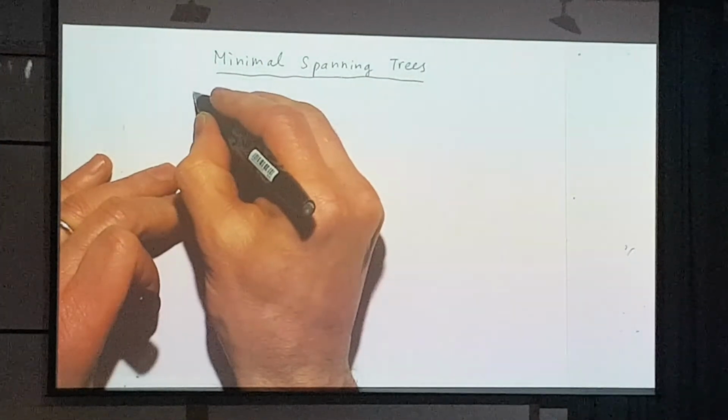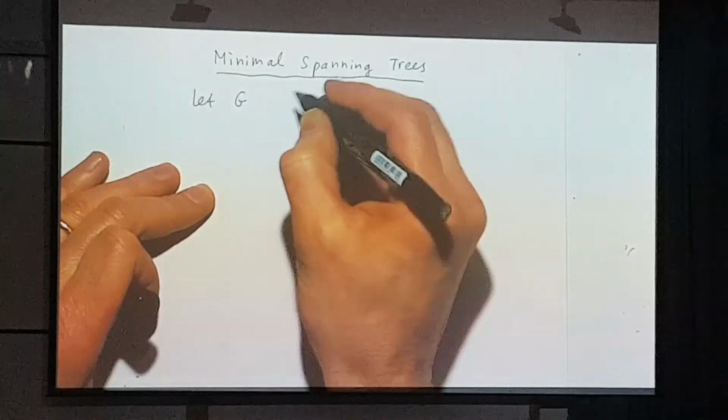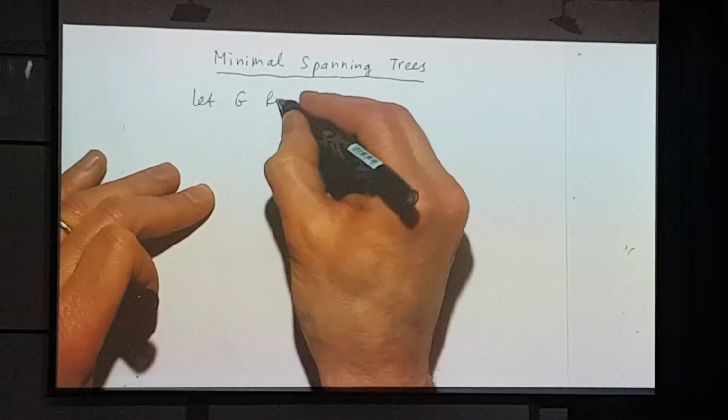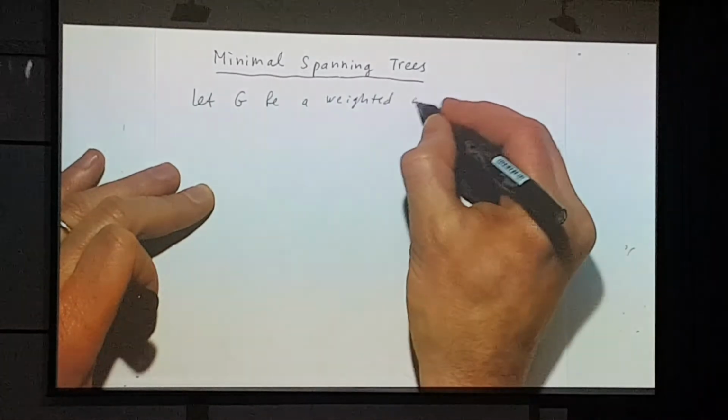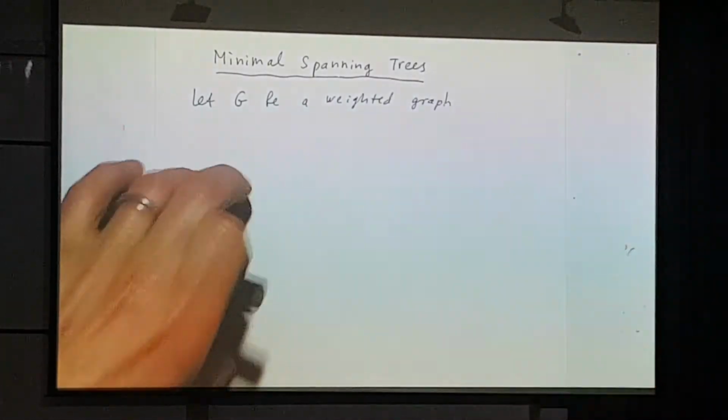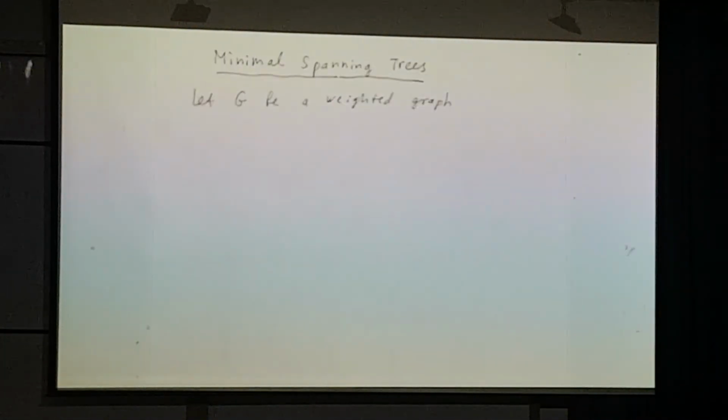So let capital G be a weighted graph. So this means, like in the case of Dijkstra's algorithm, that each edge is equipped with a number called its weight. And again, we'll be looking at the situations with non-negative weights.